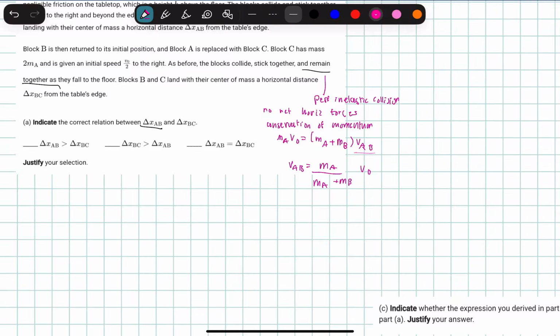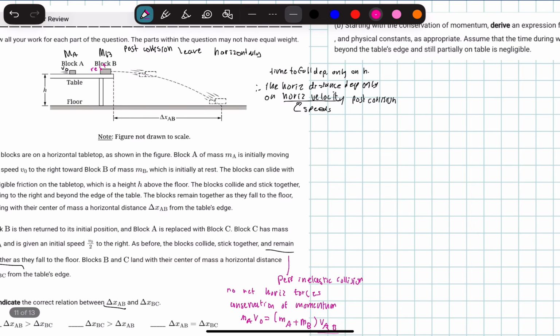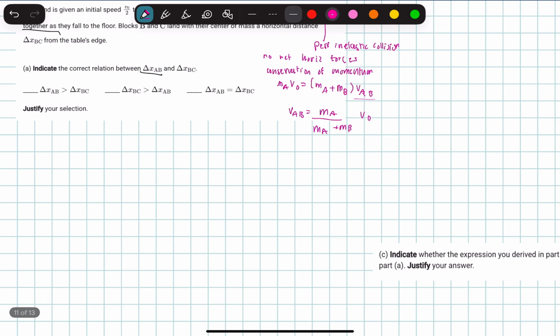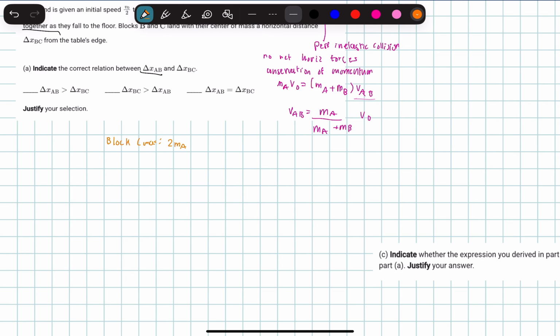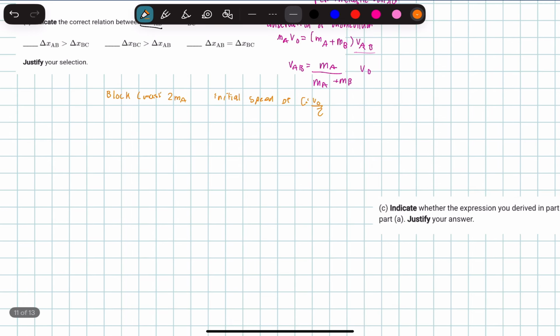Now for blocks C and B. Block C has mass 2MA and its initial speed is V initial over 2, and block B is at rest initially.